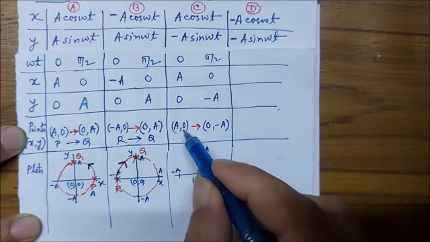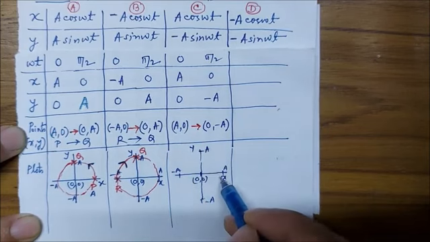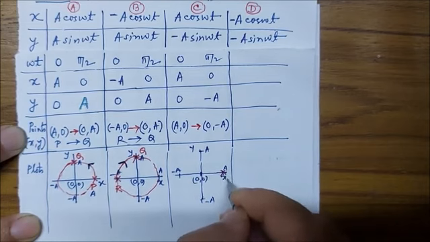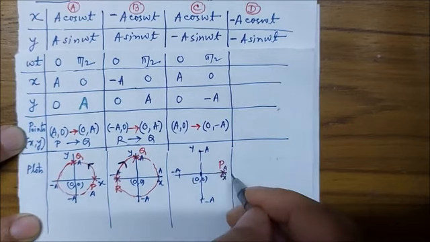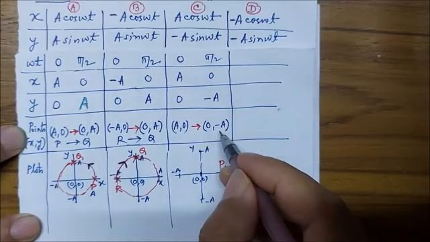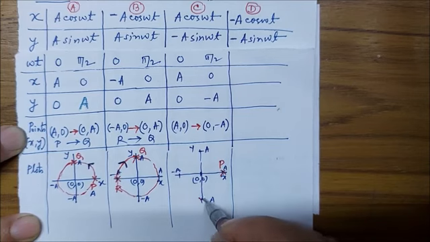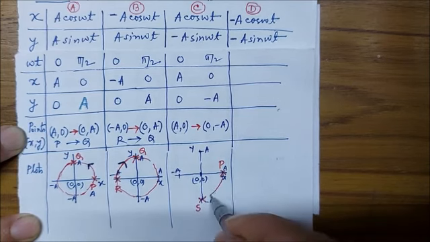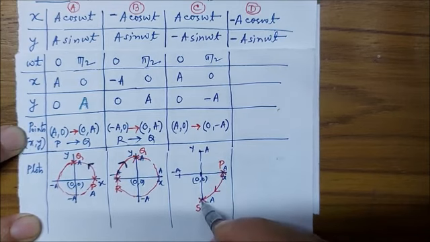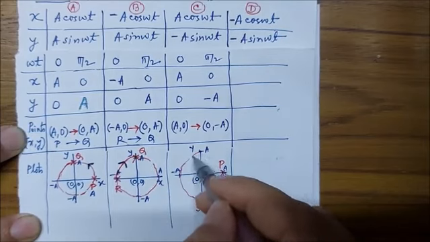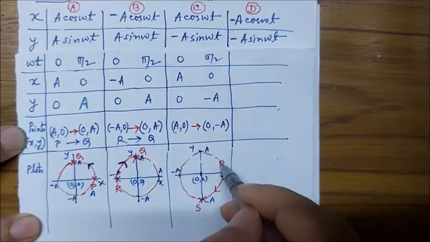So (a, 0) is plus a along x and 0 along y. So we are right here, which we denoted by P, and (0, minus a) is 0 along x and minus a along y. So we are here, which we denote by S. Now we are moving along this direction, and we can join these points through a circular track.